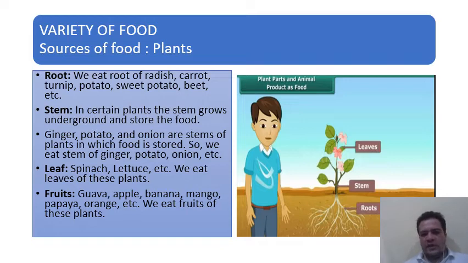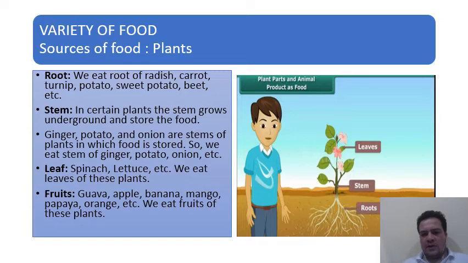Leaves are also eaten by us, like spinach, lettuce. Fruits: guava, apple, banana, mango, papaya, orange, etc. We eat fruits of these plants. So varieties of food we get from plants.